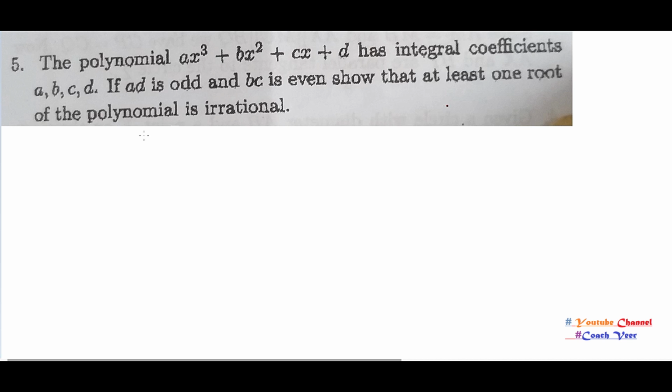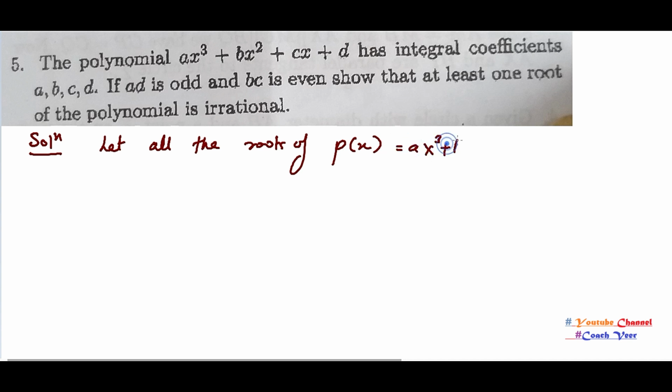So let's start. In this, let us assume that all the roots of this polynomial, I am taking this polynomial as P(x) equal to ax cube plus bx square plus cx plus d, are rational. Just like proof by contradiction, I am thinking that all the roots are rational.